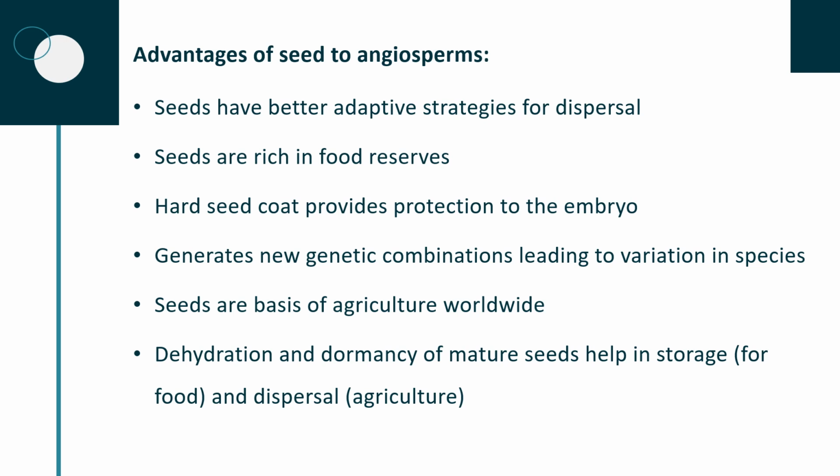It generates new genetic combinations which can lead to variation in species. Seeds are the basis of agriculture around the globe. Dehydration and dormancy of mature seed will help in storage, as in case of food, and dispersal, as in case of agriculture.